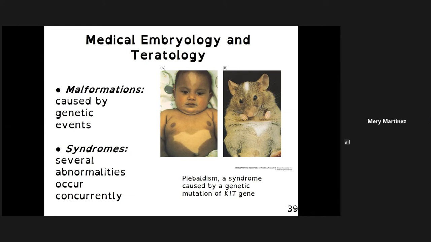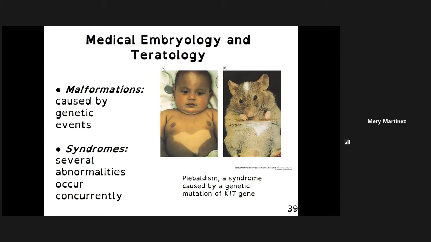So when we talk about medical embryology and teratology, there are two aspects that are important. One is malformation, and the other one is syndromes. Malformations are abnormalities caused by genetic events. These genetic events could be gene mutations, aneuploidies, abnormal number of chromosomes, or chromosomal translocations too, okay?